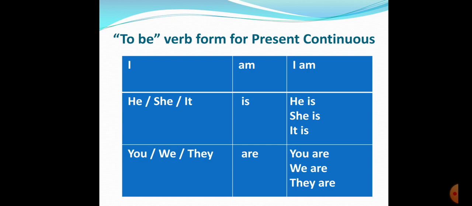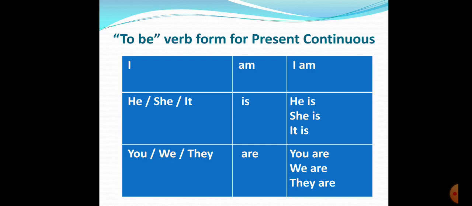Then in the third row, we use are with the third person, you, we or they, so we get you are, we are, they are. Now remember, right now we are only talking about the to be form in present continuous tense. Students, do not get confused.